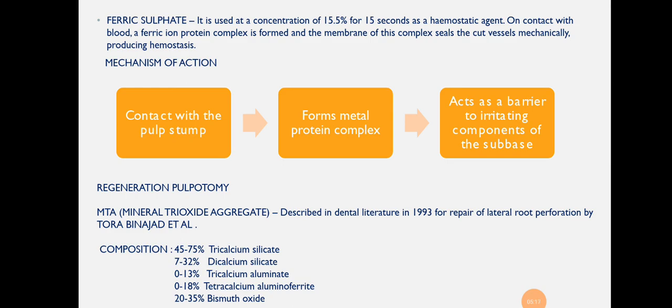It was described in the dental literature in 1993 for the repair of lateral root perforation by Torabinejad et al. It is composed of 45 to 75% tricalcium silicate, 7 to 32% dicalcium silicate, 0 to 13% tricalcium aluminate, 0 to 18% tetracalcium aluminoferrite, and lastly 20 to 30% bismuth oxide.